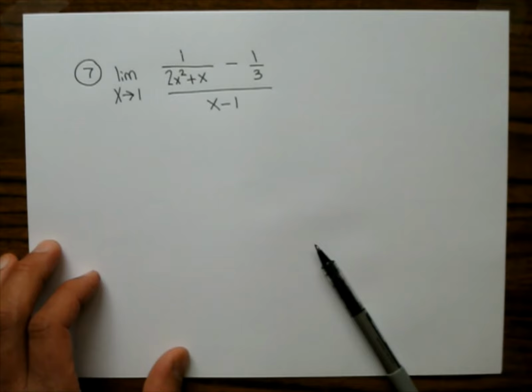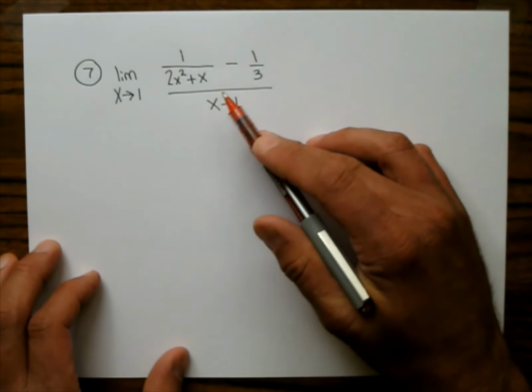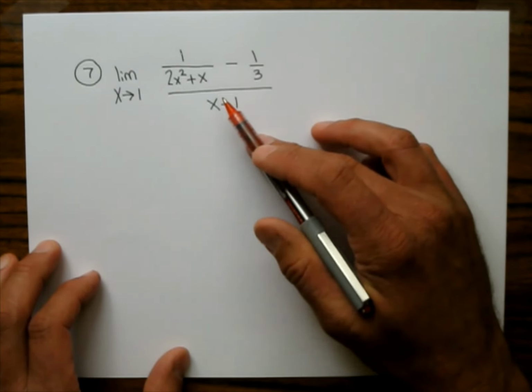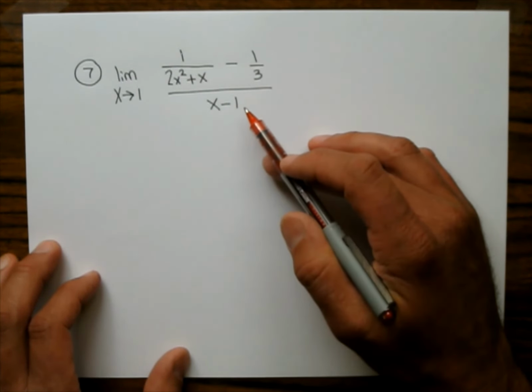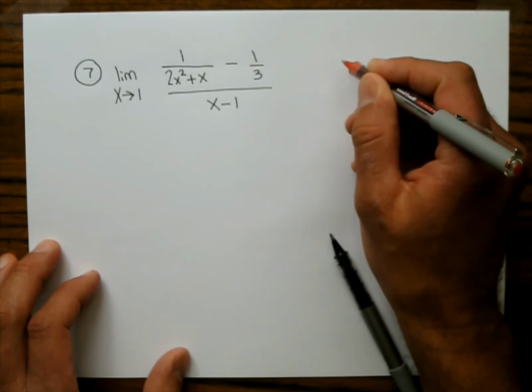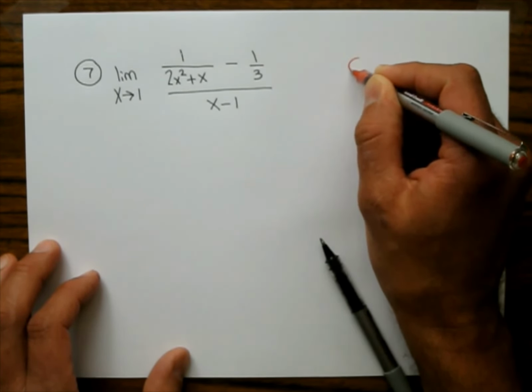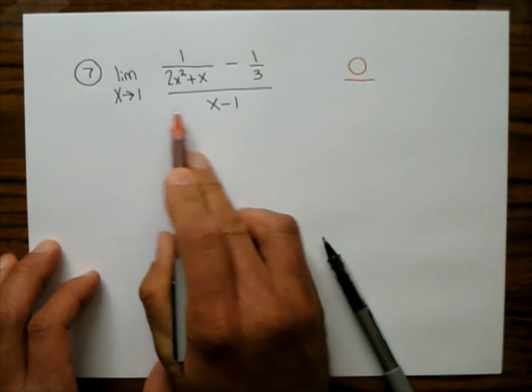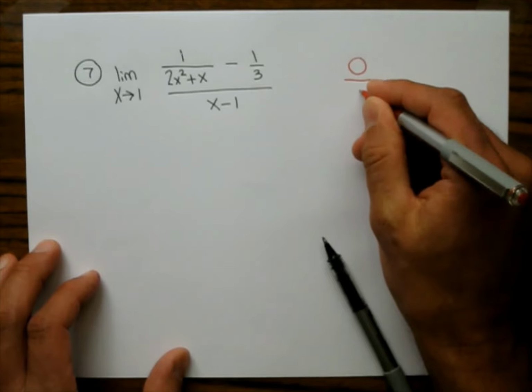It's too much work. Okay, I'm going to put 1 into this function, 1 in for x. And so on the top I'm going to get 2 plus 1 on the bottom, so I'm going to get like 1/3 minus 1/3, which is a 0 on the top. And on the bottom, put 1 in there, I get 0 on the bottom.